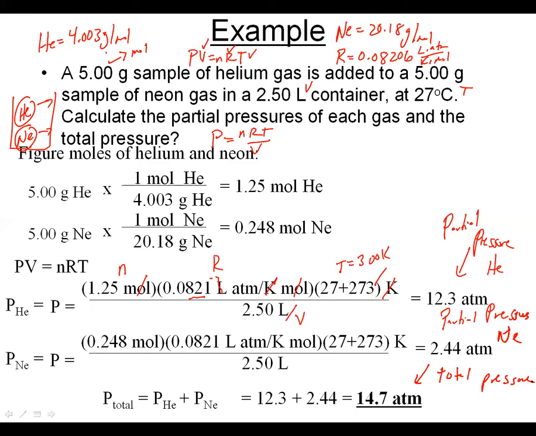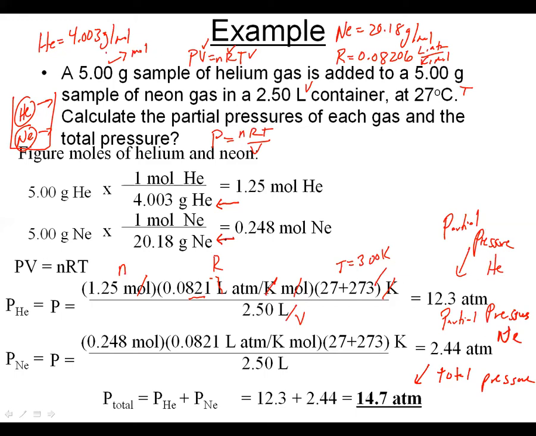Now, we could also see from the pressures here that the major contributor to the pressure in this mixture is actually the helium. The helium is causing most of the pressure in this mixture, while the neon is not causing as much. And the reason for that can be found right about here when we look at the molar masses of each of these gases.